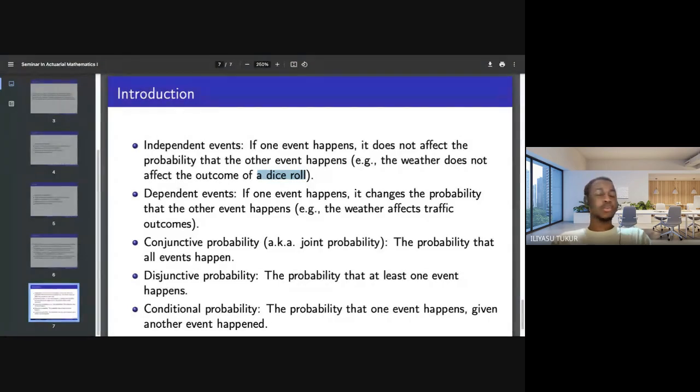Without this assumption, it's very difficult to price insurance products, especially health insurance products. Because if you ask a doctor, someone with malaria, can he have a headache? He will say yes, he will have a headache. He will have fever. And you can have a headache without malaria. Something else can cause it.